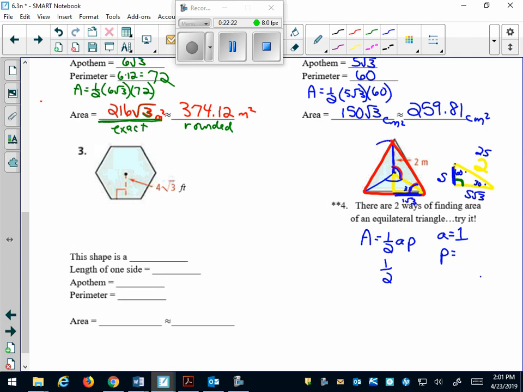So what's the length of a whole side? 2 root 3. Well, if each side is 2 root 3, what's the perimeter? 6 root 3, because there's 3 sides. 3 times 2 root 3 is 6 root 3. So we have 1/2 times 1 times 6 root 3, which is 3 root 3.